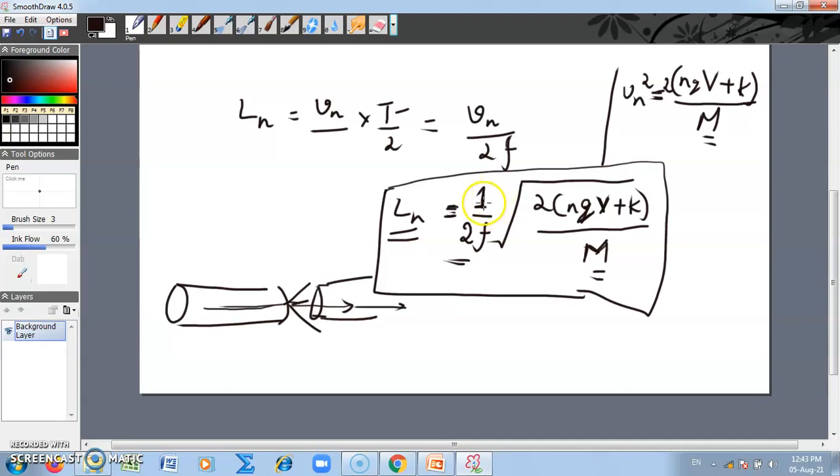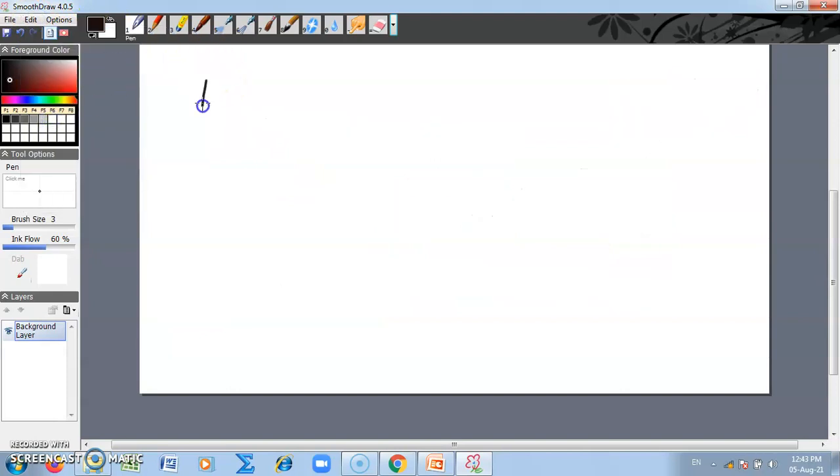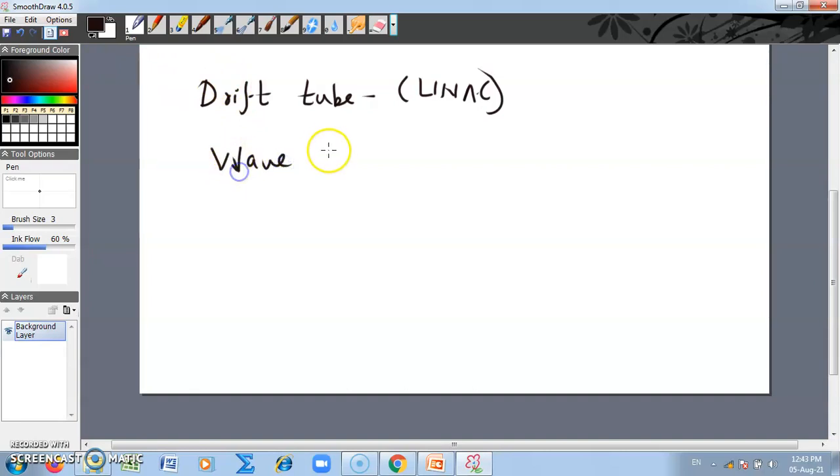Now linear accelerators are actually of different types, and we have the drift tube type, which we did just now, and it's also called the Linac, which is a very famous name, and it is quite old. And now we also have an advanced version of it, such as the waveguide linear accelerator.